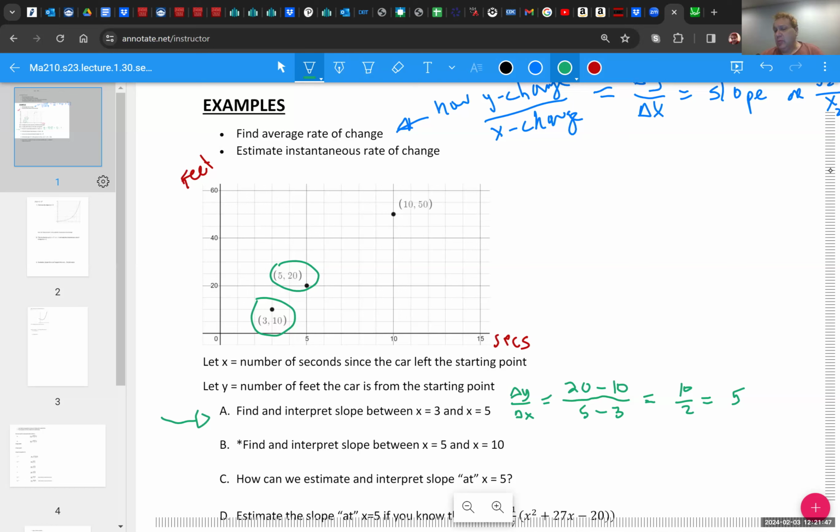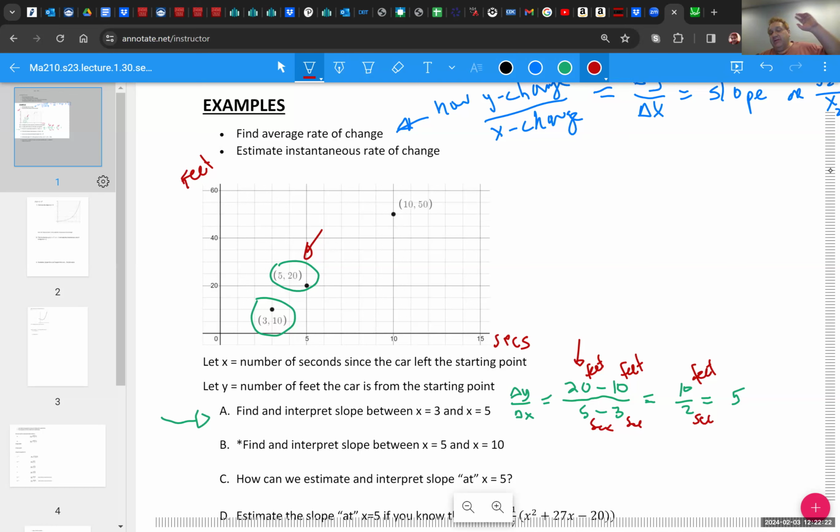We also are going to interpret that. Let me remind you that this 20 is not just an abstract 20. It's a 20 from this grid, and the 20 is the y value, which we said before is feet. So this is really 20 feet minus 10 feet, and the answer is 10 feet, not just a random 10. Likewise, the bottom numbers are the x numbers, in seconds. So 5 seconds minus 3 seconds is 2 seconds.